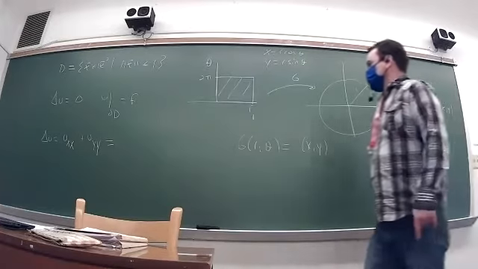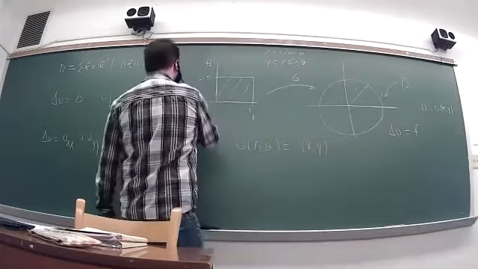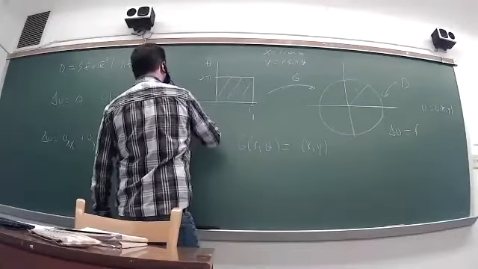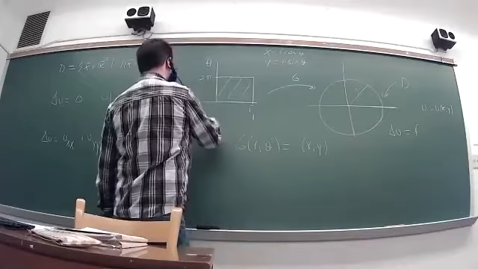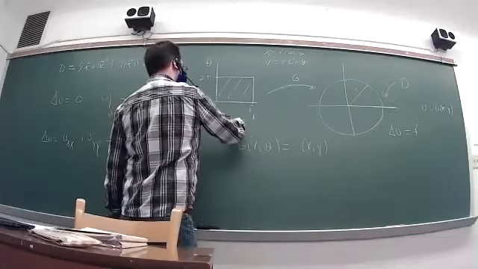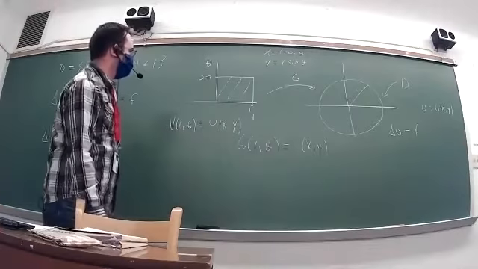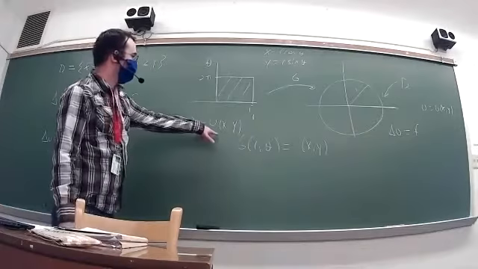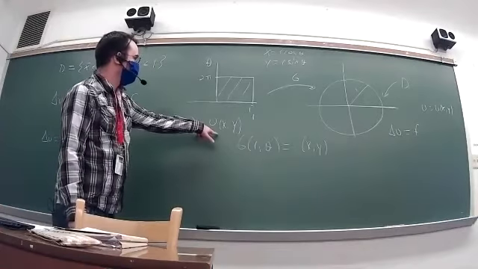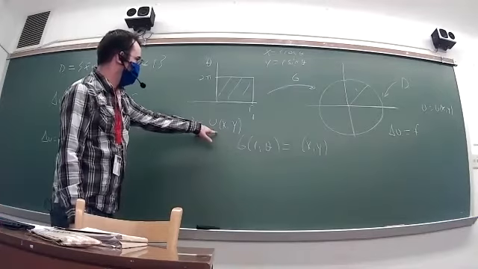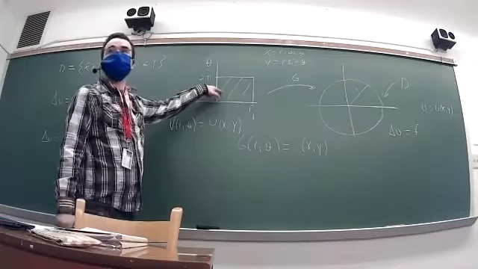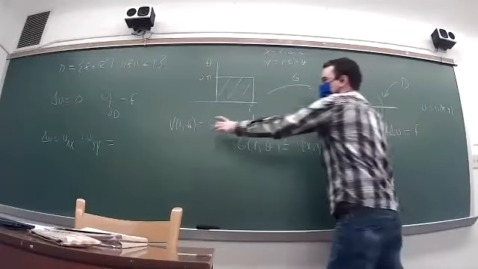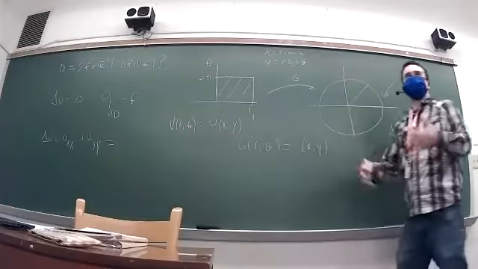So what you really have to look at is maybe a new function v of r, theta. That's what you'll see people write down, but this isn't 100% honest with you, right? Because the domain of this function is this, and the domain of that function is that. They can't really be the same function if they have different domains.